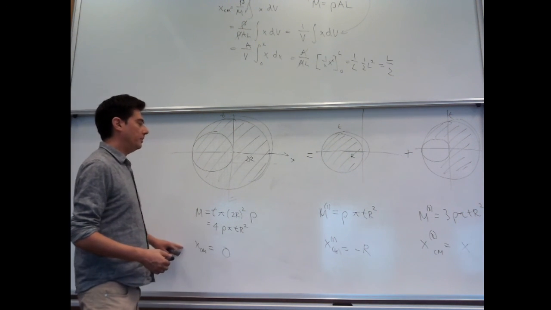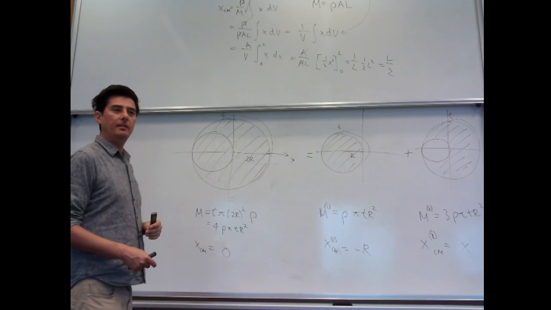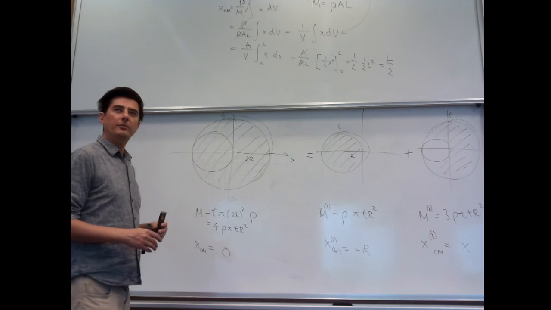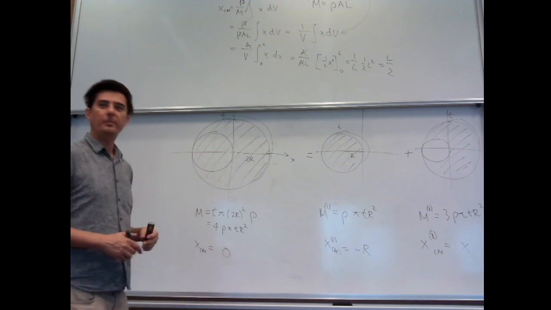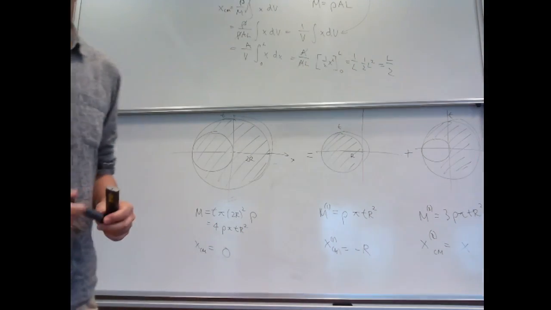Basically what we're going to do is combine these two pieces of information and then find the center of mass. I think I might continue this next lecture, but I think that gives you a pretty big hint if you're curious anyway.